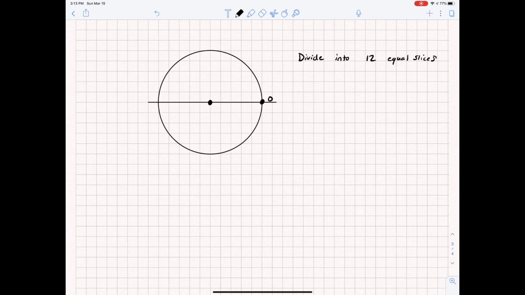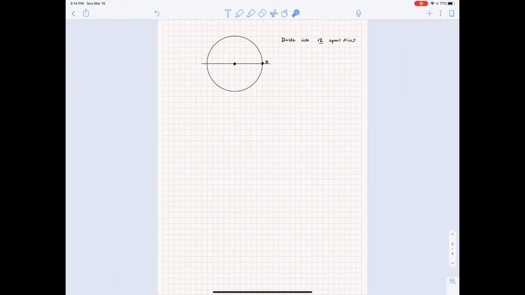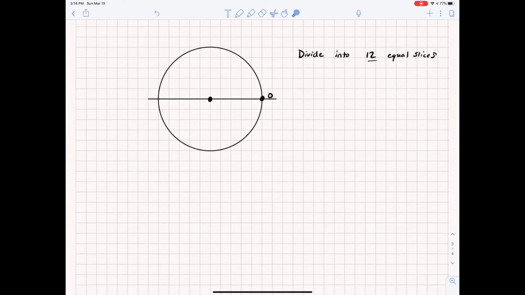One observation to make is that we've essentially increased the number of slices. We've gone 4, 6, 8, increasing by 2, and then you would imagine 10, but we're actually going to go up to 12. And I'll point out the reason behind that once we get this drawn out.